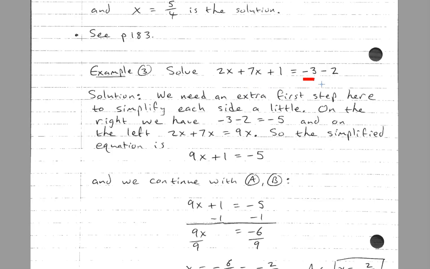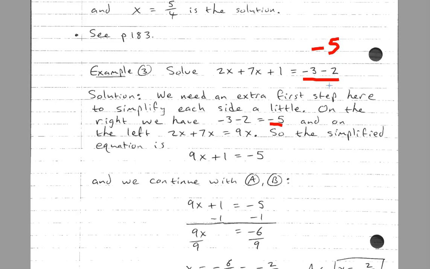Right away on the right-hand side, we have negative 3 minus 2. So subtracting 2 from negative 3 is the same as adding negative 2. We get negative 5.